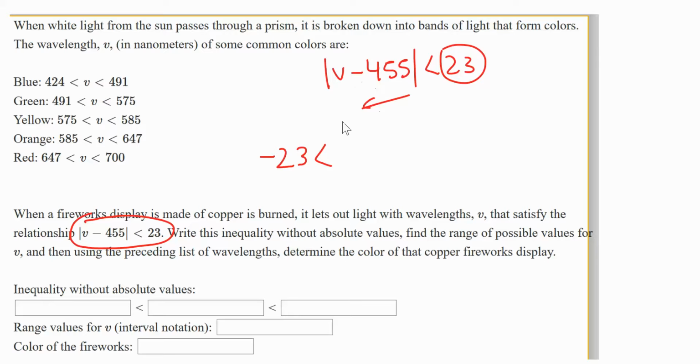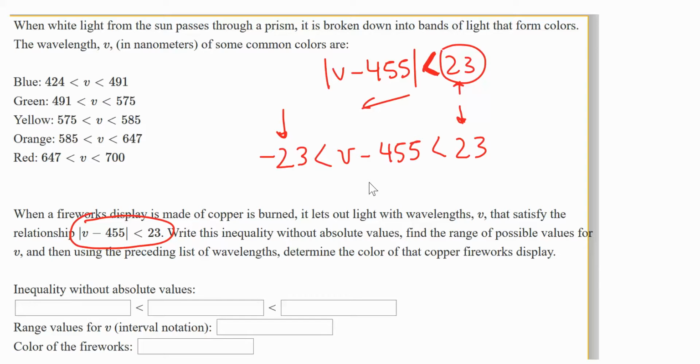We write the V minus 455 inside there, less than 23. So there it is. That's exactly how absolute value translates: if you have a less than symbol after the absolute value, and it's less than a certain positive number, we take the positive number and put it as a negative. So really the expression inside the absolute value is caught between the positive and negative of that value.